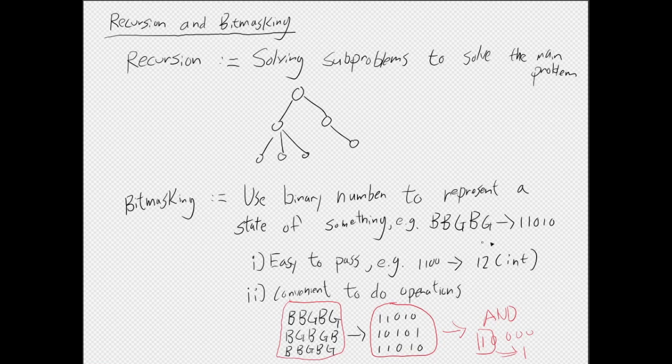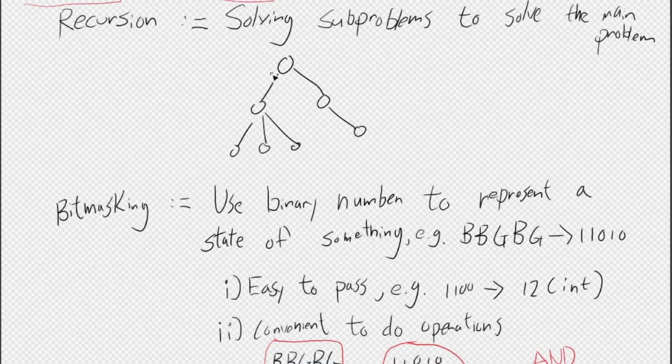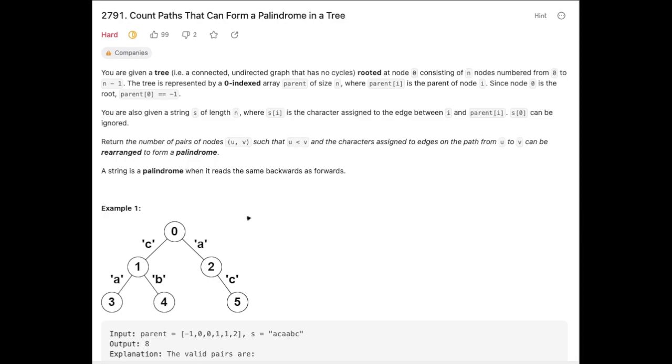And let's see one more problem where we can use recursion and then bitmasking to solve it efficiently, on LeetCode. In this problem, you are given a tree. Each edge has a label, which is a lowercase character, like A, or C, or B. What we are trying to return is the number of pairs of nodes such that the path between them can be rearranged into a palindrome string.